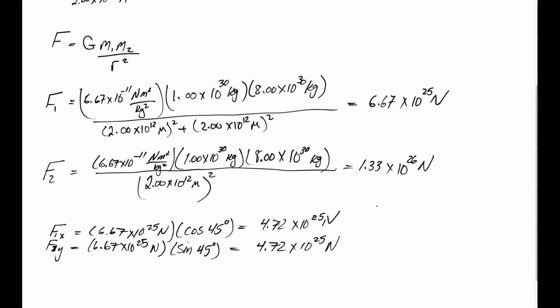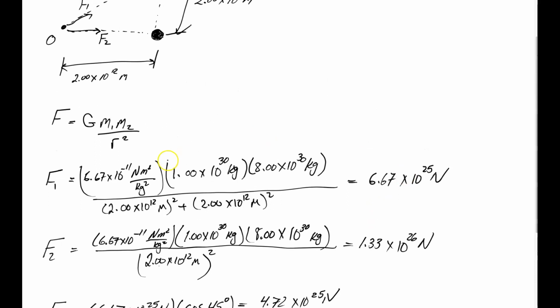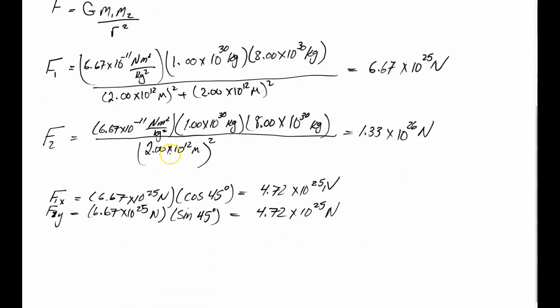And now notice for F2, it only has a horizontal component. So we can say F2x is our 1.33 times 10 to the 26th Newton and F2y is going to be 0 because it doesn't have any components vertically.